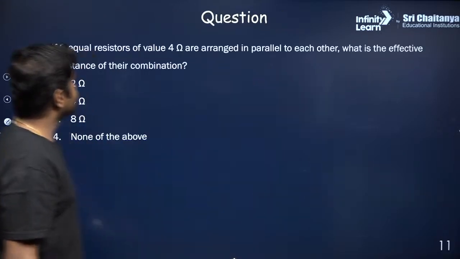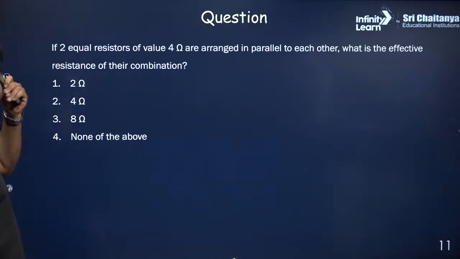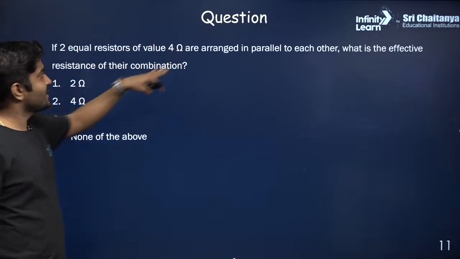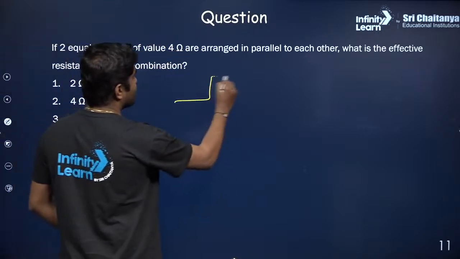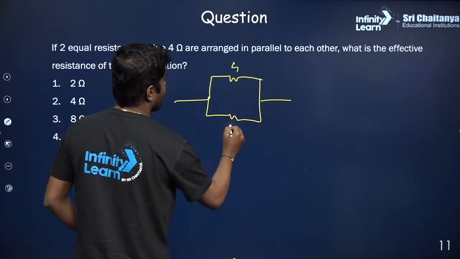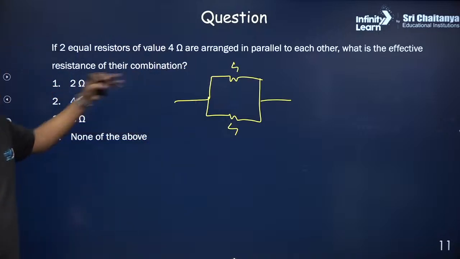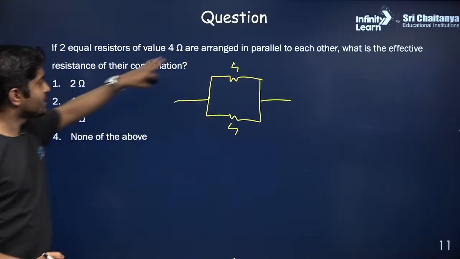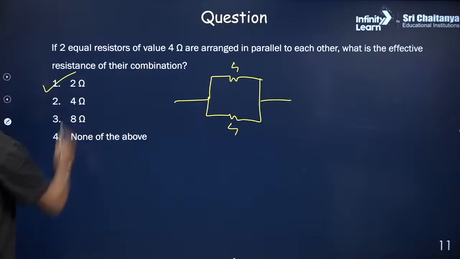2 ohms. Okay, there is the same question actually. Two equal resistors, 4 and 4, are arranged in parallel. Just now we solved this question. What is the effective or the equivalent resistance for this combination? It is 2 ohms.